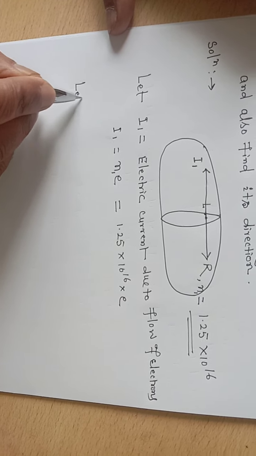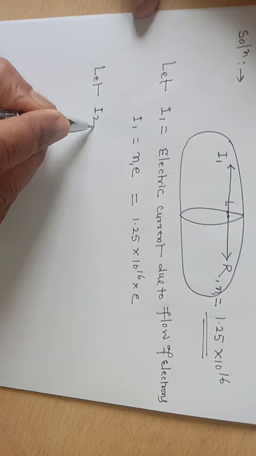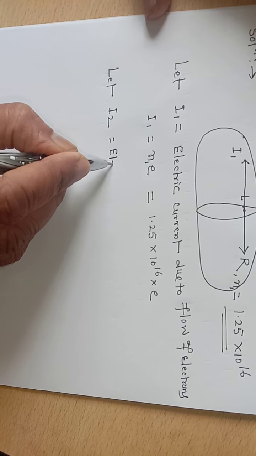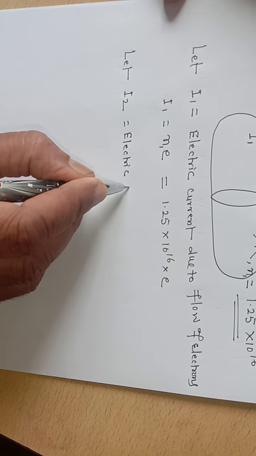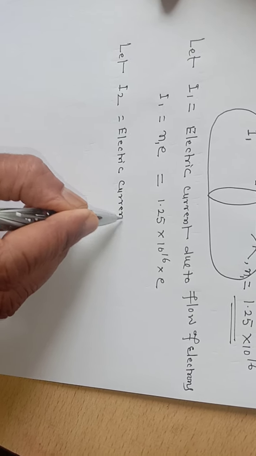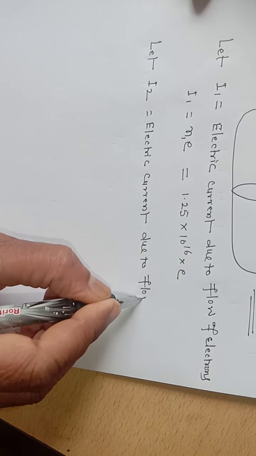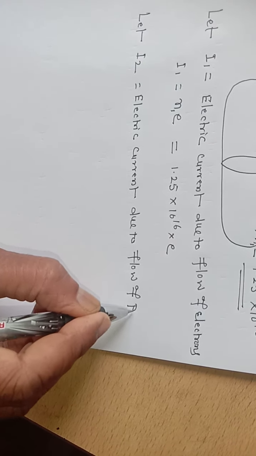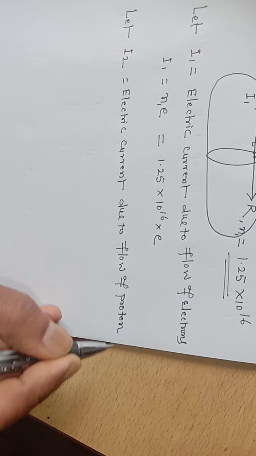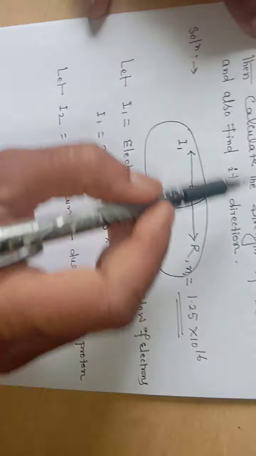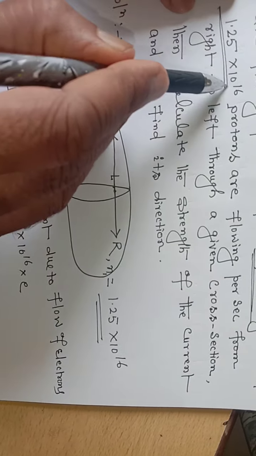And again let I2 be electric current due to flow of protons here. The number of protons are 1.25 into 10 to the power 16.